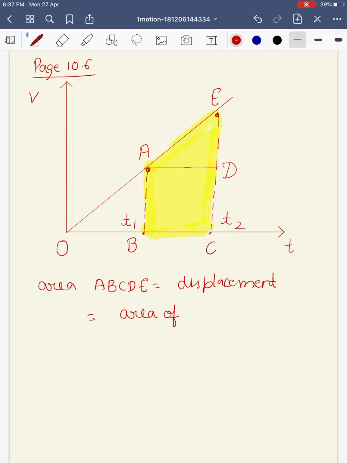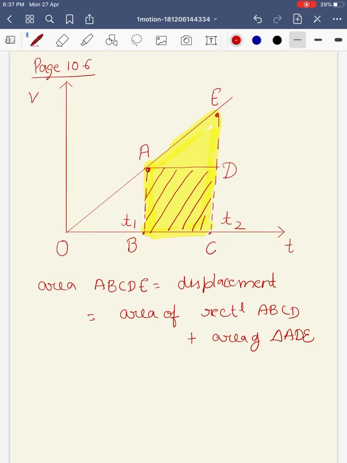area of a rectangle ABCD plus area of triangle ADE. We know that this figure is composed of a rectangle and a triangle.